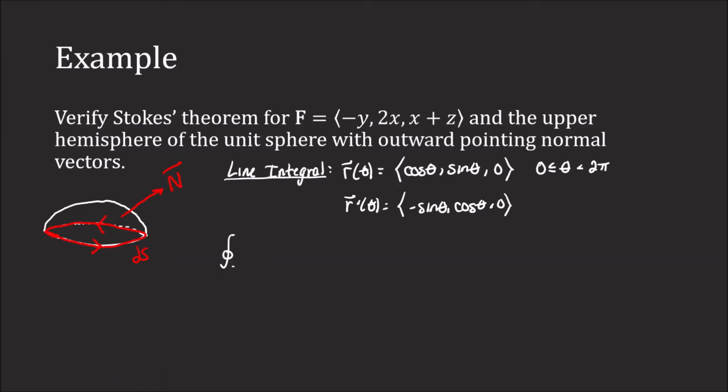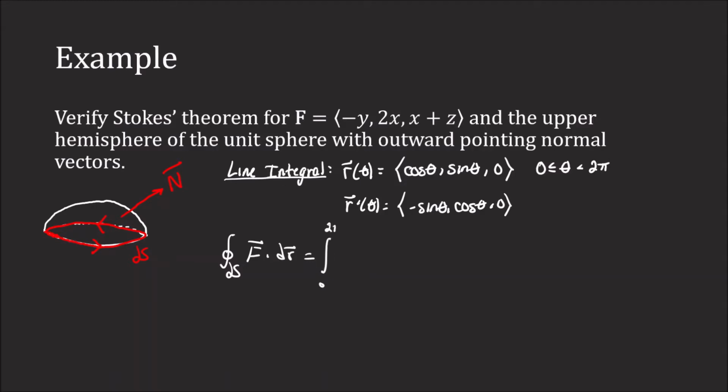So our circulation along the boundary of S, of F, is now the surface integral. I'm sorry, I'm doing the line integral.